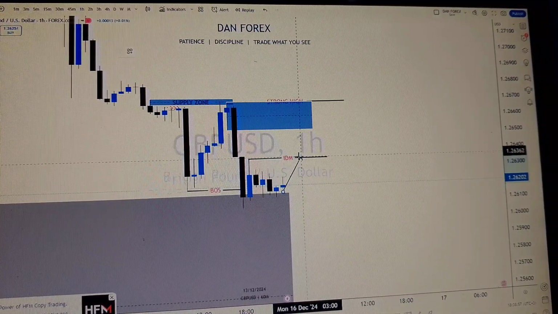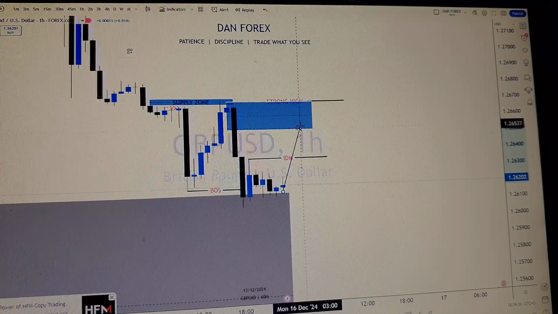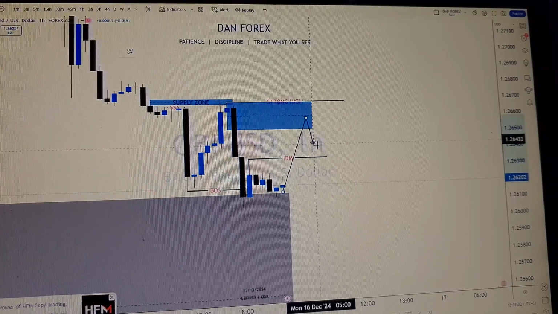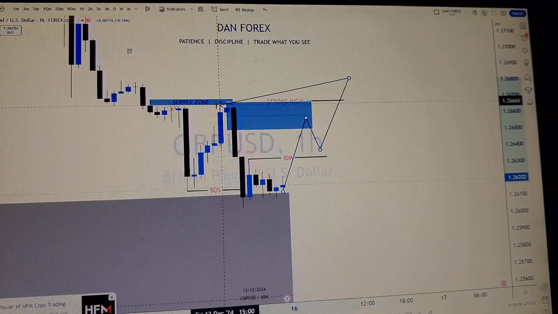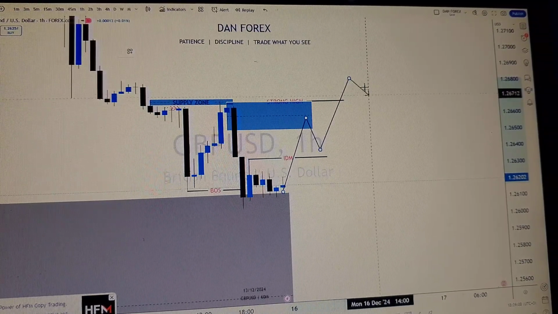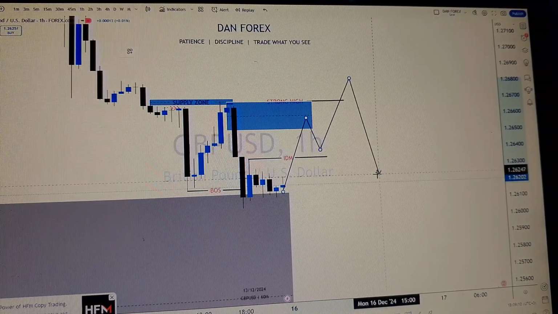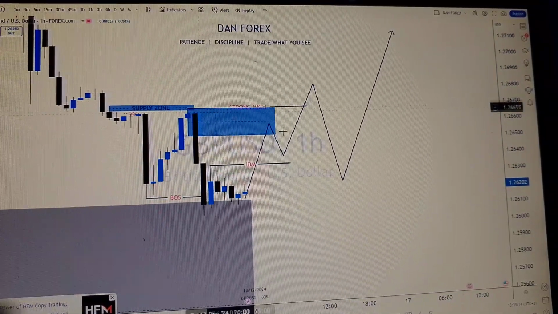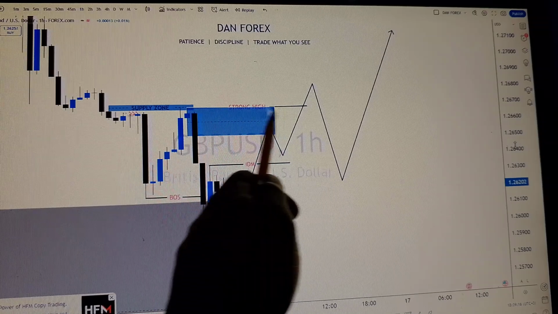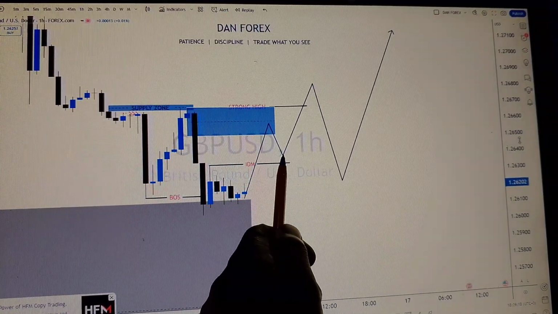We need to see the market take this inducement, tap to this area, giving us a small reaction, then finally take this strong high, giving us a change of character. Then we need to see something like this, then we go long. This will be our change of character, and this will act as inducement. We wait for it to be taken out.